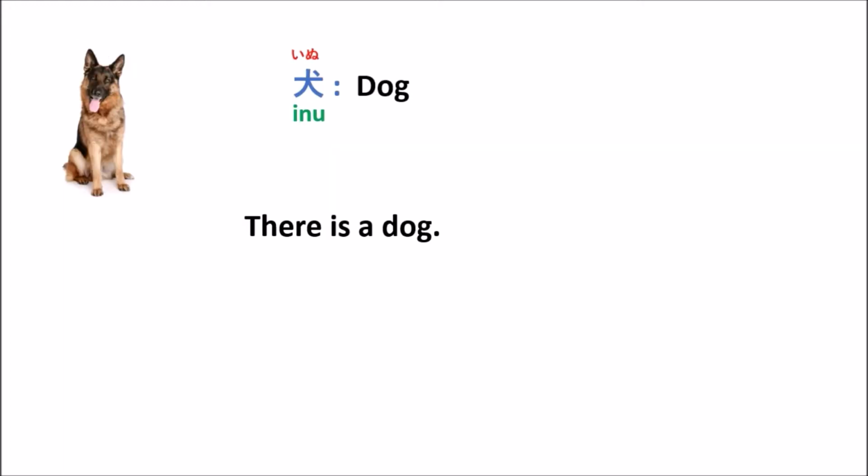The next word to learn is inu. Inu means dog. When you create the sentence, there is a dog, how do you say it in Japanese?